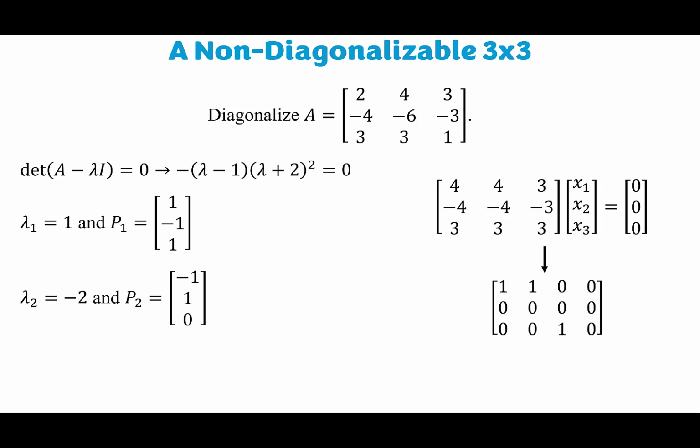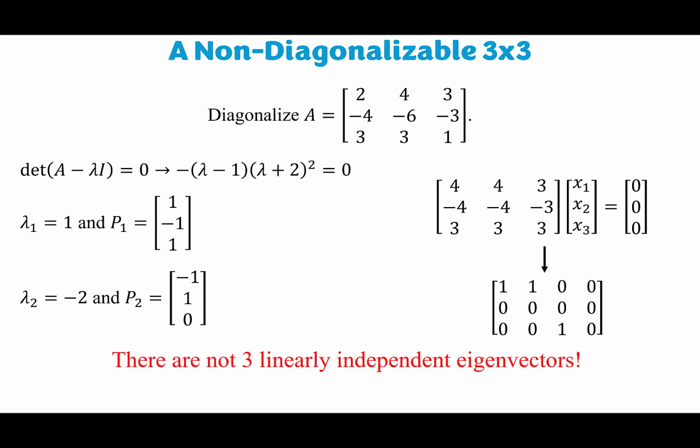So we're only able to get 2 independent eigenvectors. There are not 3 linearly independent vectors for this matrix, so A is not diagonalizable. We can't form a matrix P such that P inverse exists.